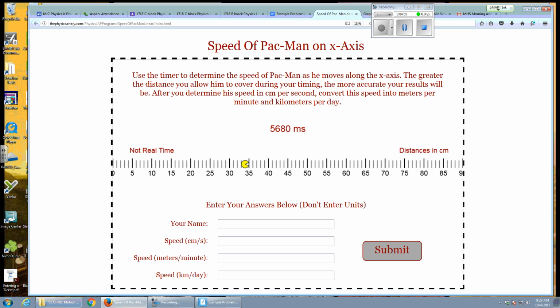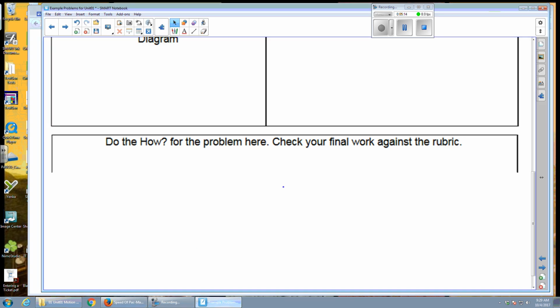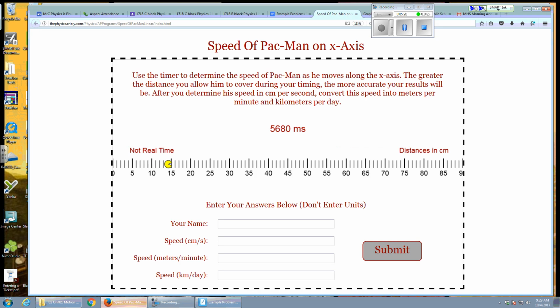So 5,680 milliseconds to go from 10 to 50. So what's the distance from 10 to 50? 40. 40 centimeters, right? All right, so I'm going to use 5,680 milliseconds.